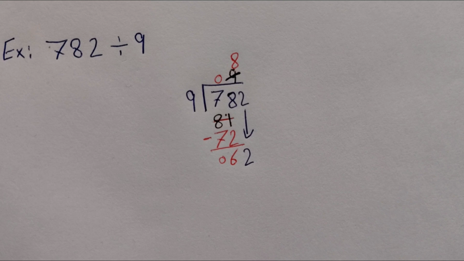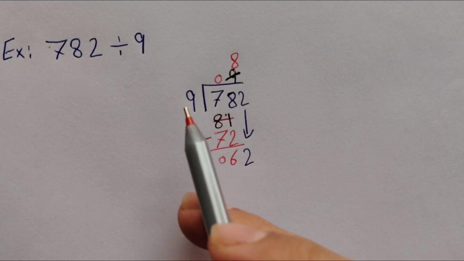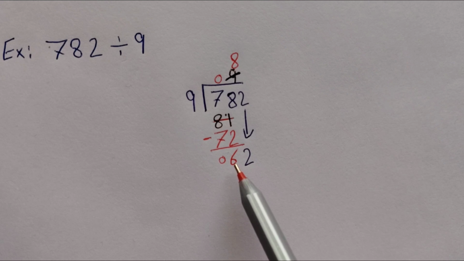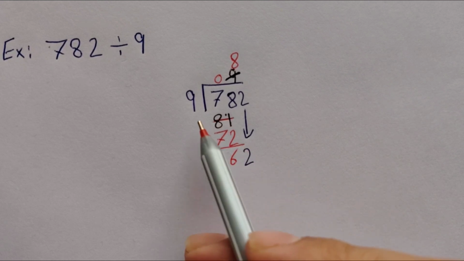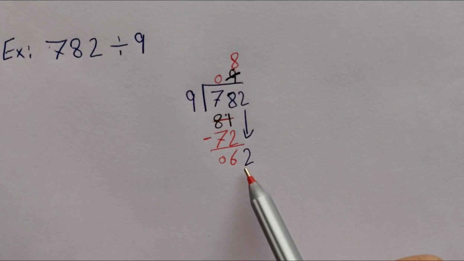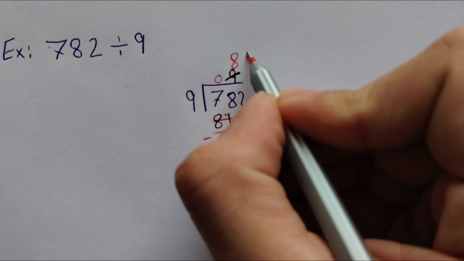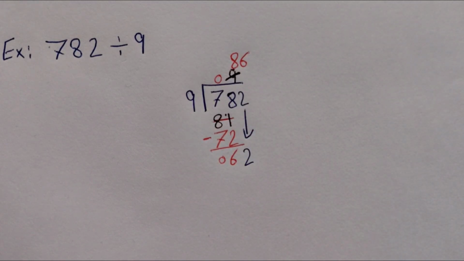Now we will repeat it. Since we bring down a digit, we go to the first step, which was divide. We say 62 divided by 9. How many 9s do we have inside 62? The closest multiplication of 9 that's less than or equal to 62 is 9 times 6.